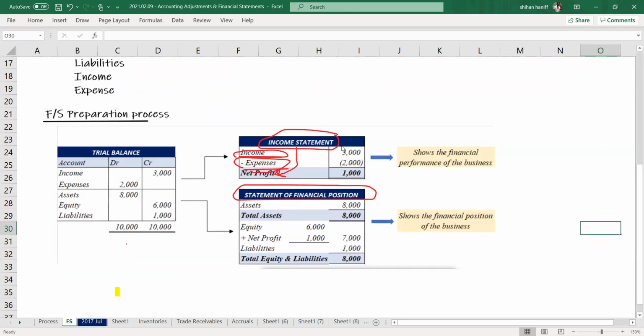Then the preparation process. On income and expenses, we prepare the income statement. Using the asset, equity and liabilities, we prepare the statement of financial position. Income statement shows the financial performance, and statement of financial position shows the financial position.